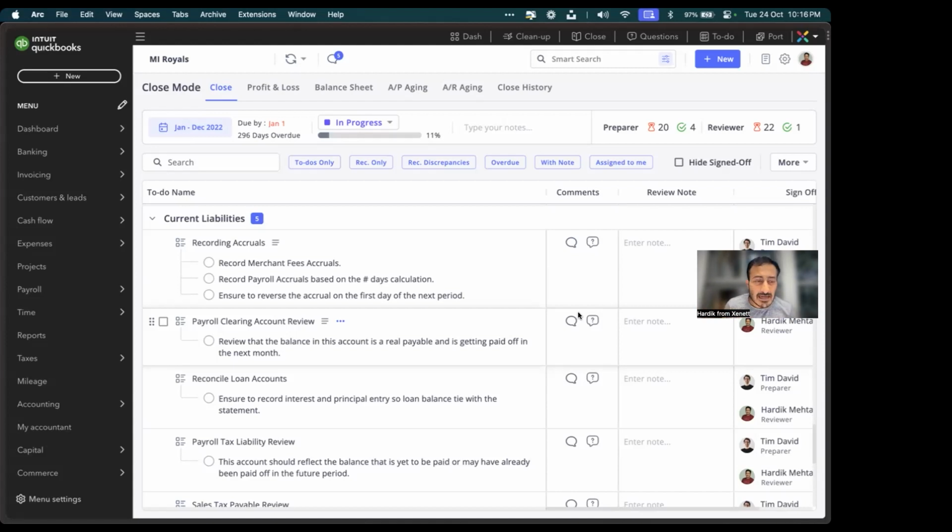What I mean by that is that October's merchant fees actually get deducted on the 5th of November or 4th of November. In this case, we typically make the accruals because the expense belongs to October, but because it's withdrawn from the bank on the 5th of the next month, it gets recorded in the next month.